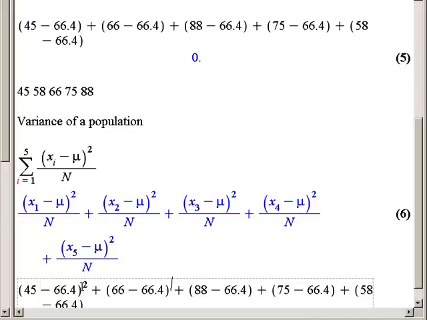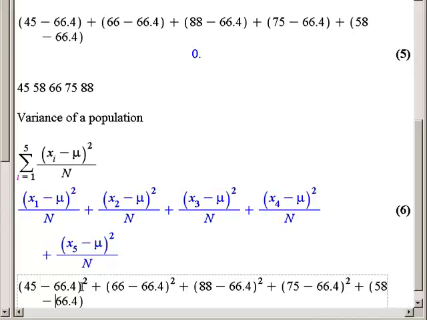This is the grade obtained by the second student, and I subtracted the mean from it, and we do the same for the third student. The third student got 88, and we subtracted the mean 66.4. The fourth student received 75. We subtracted the mean 66.4, and the fifth student obtained 58, and we subtracted the mean 66.4.